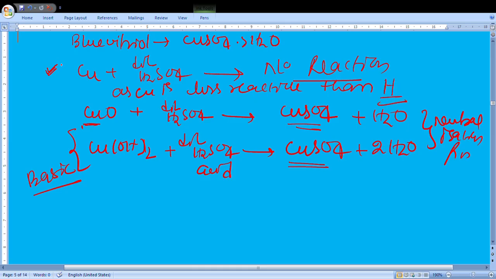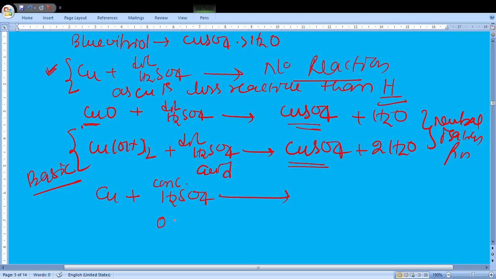So how to convert it into sulfate? We have studied that if we take concentrated H2SO4, this will react.